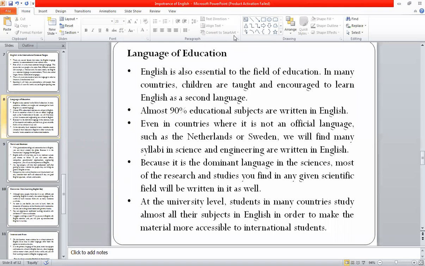Okay, or even our subject also. So that is why it is made compulsory for many professional courses. Even you people have learned communication skills and professional communications when you were in the first year of engineering.